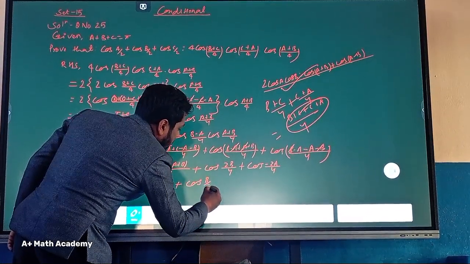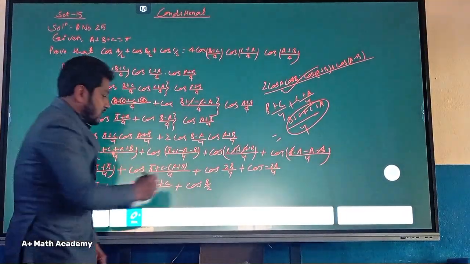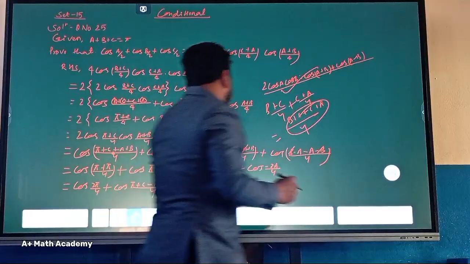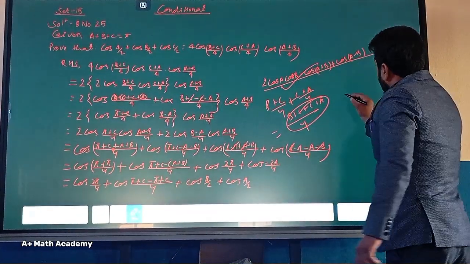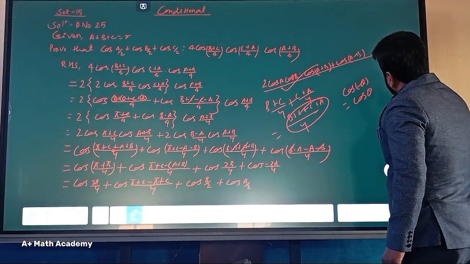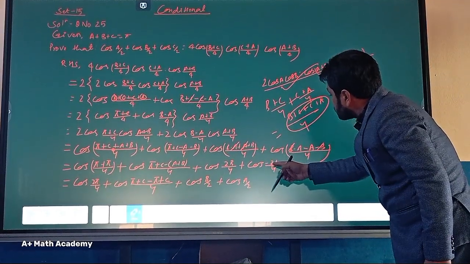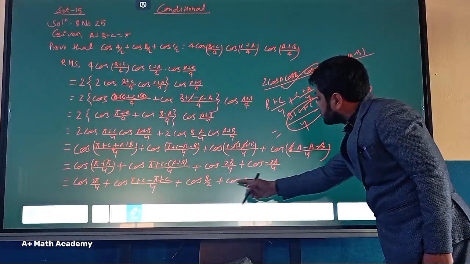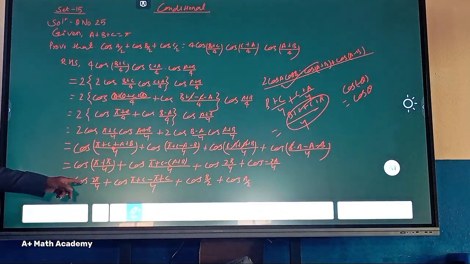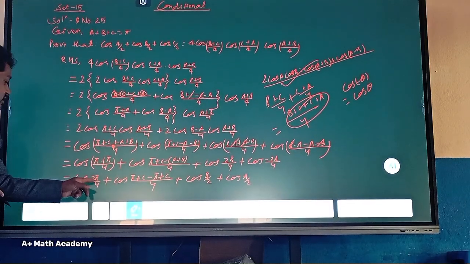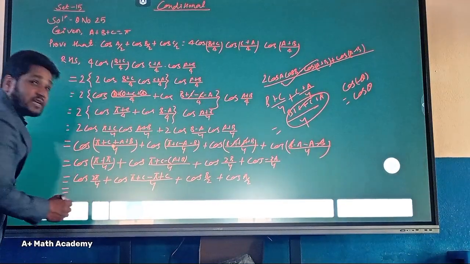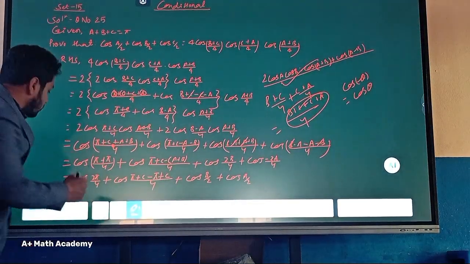We can cancel 2 and 4, so we get cos B by 2, and cos A by 2 from minus 2A by 4, since cos of minus theta equals cos theta. And cos 2 pi by 4 is cos pi by 2, which is cos 90 degrees. The value of cos 90 is 0.